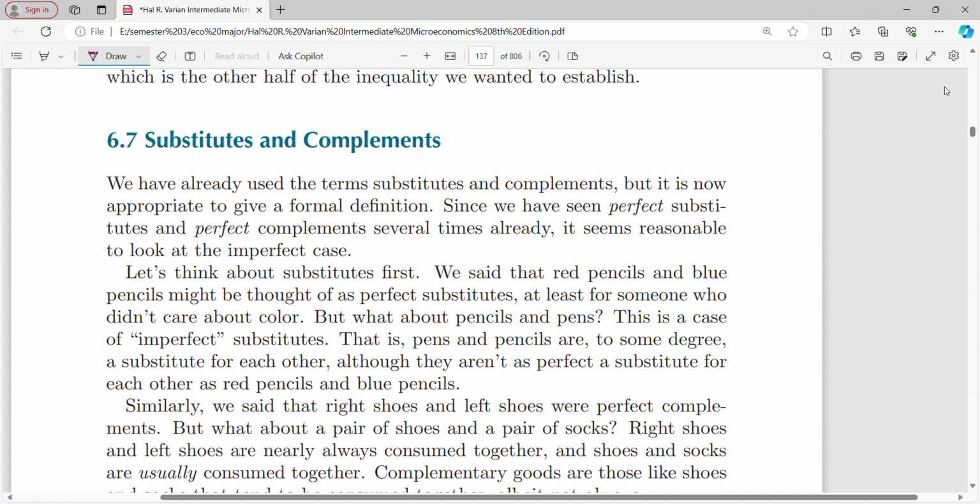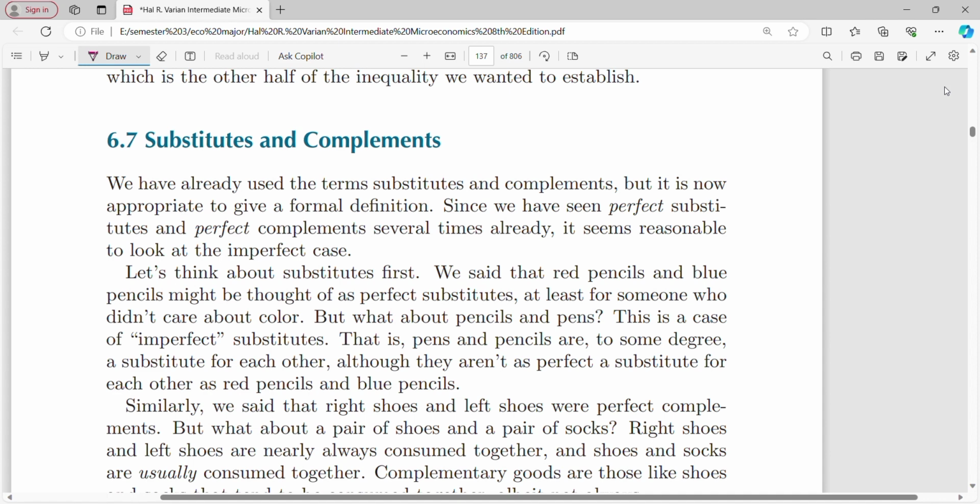In the income offer curve, we have studied how the curve looks for the perfect substitute. Imagine red pencil and blue pencil. The red pencil's price went up, blue pencil is cheaper. Will the consumer demand red pencil as it is costly? No, the consumer will only demand blue pencil, because what he cares about is only the number, not the color or anything.